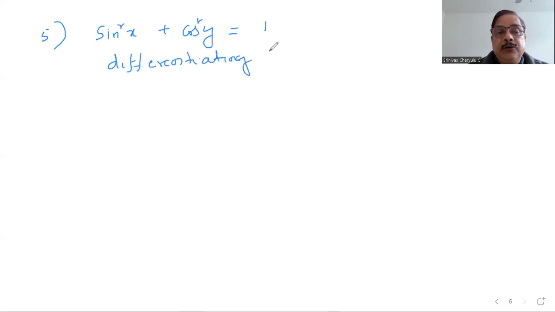Differentiating both sides with respect to x, first for the power we should do 2 sin x.